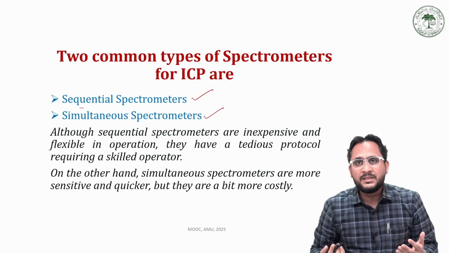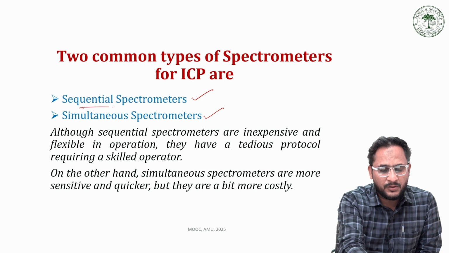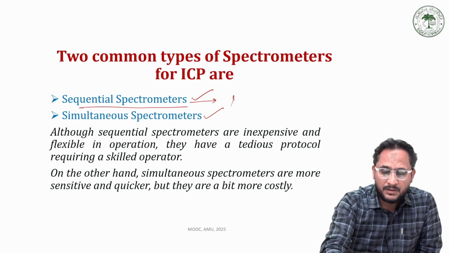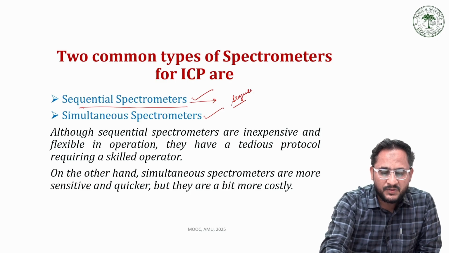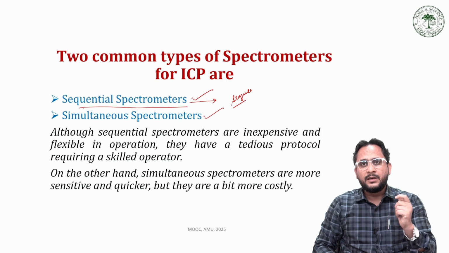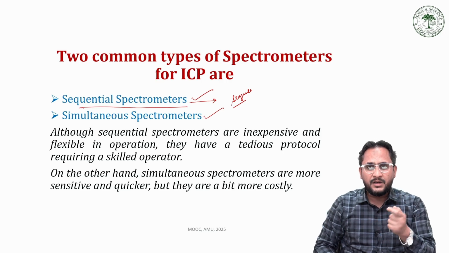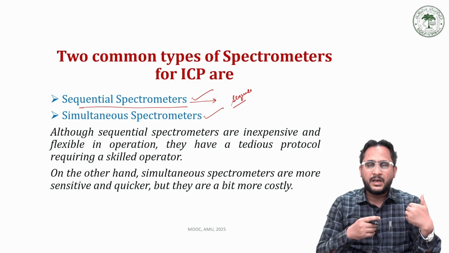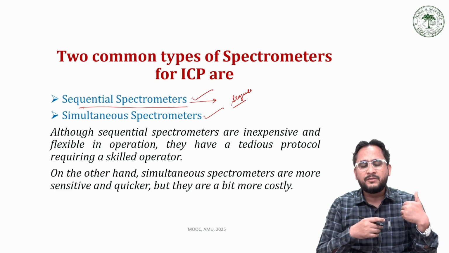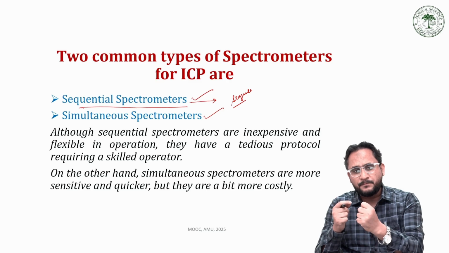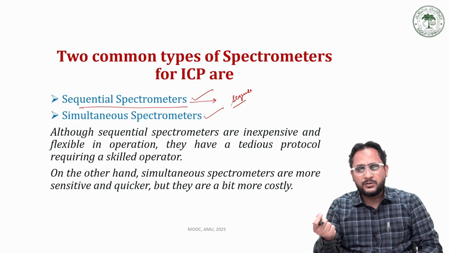From their name, we can easily perceive that sequential spectrometers work on the principle of sequence, meaning that first we allow one particular wavelength of the light coming from the excitation of the sample to pass through, and it finally falls on the detector.